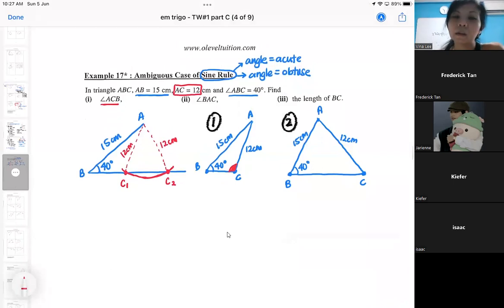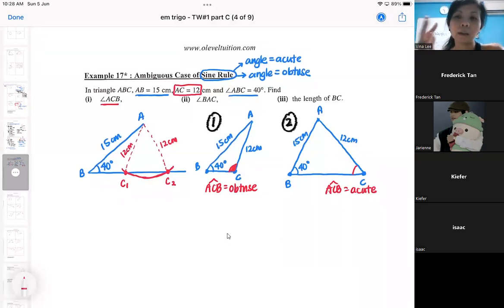Okay, so for the first situation, your ACB is an obtuse angle. For the second situation, your ACB is an acute angle. So that is the difference. If the diagram is not presented to you, you've got to present both.